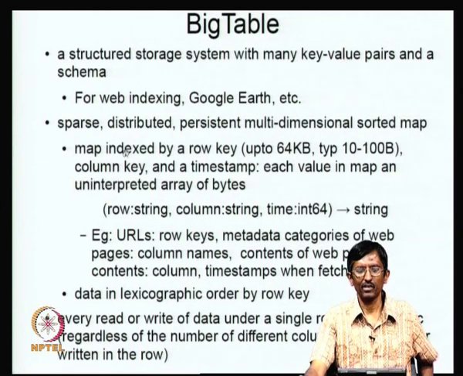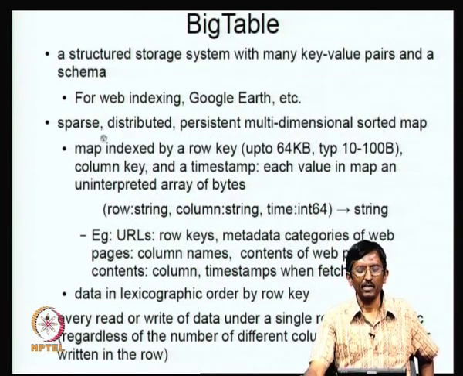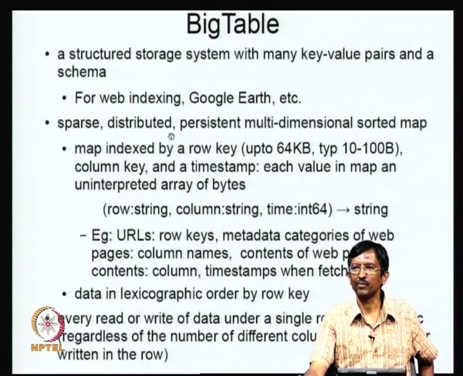So you can take the key as representing one row, and the value being multiple columns. Essentially it is like a table with many rows and many columns, and this particular map is indexed by a row key, a column key, and a timestamp.